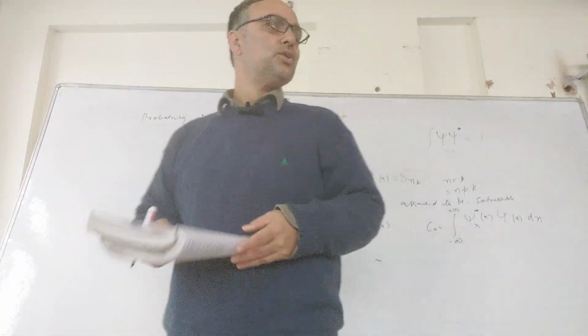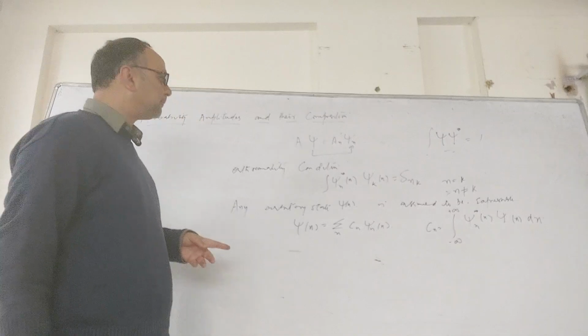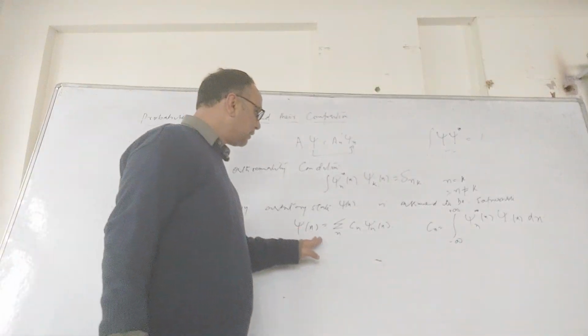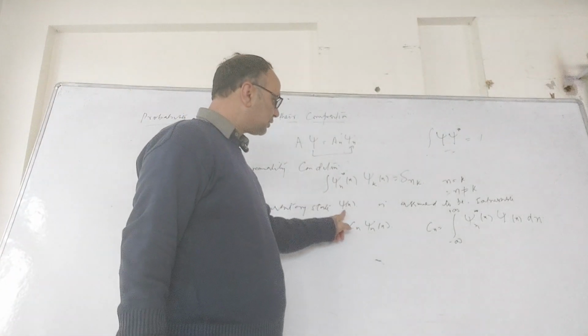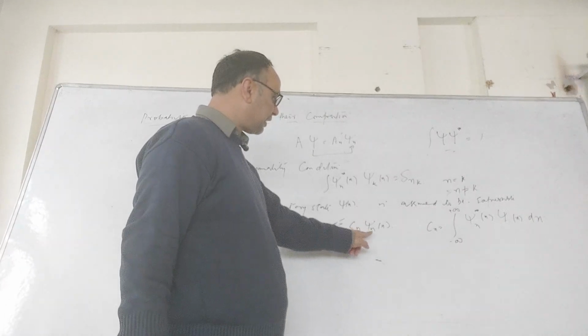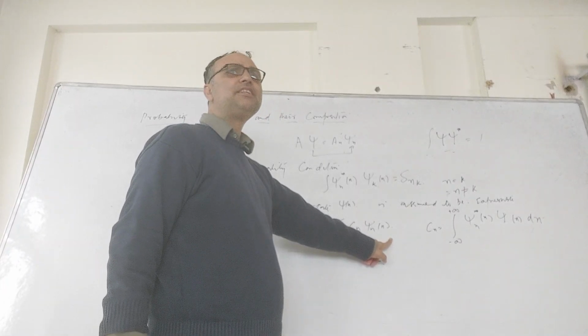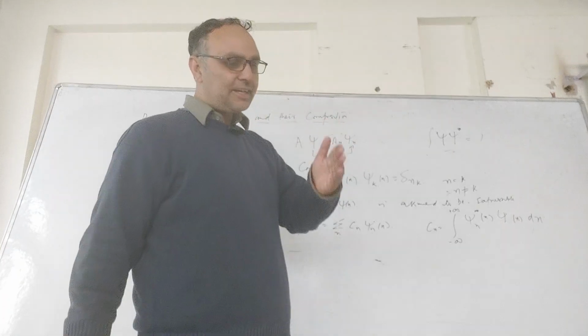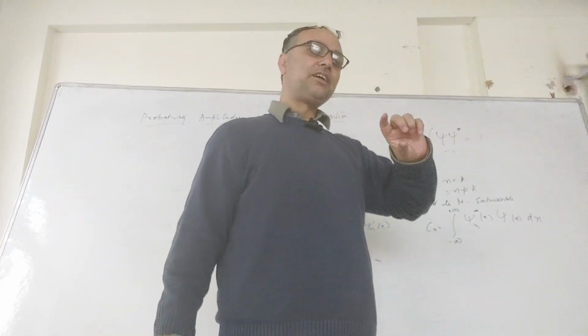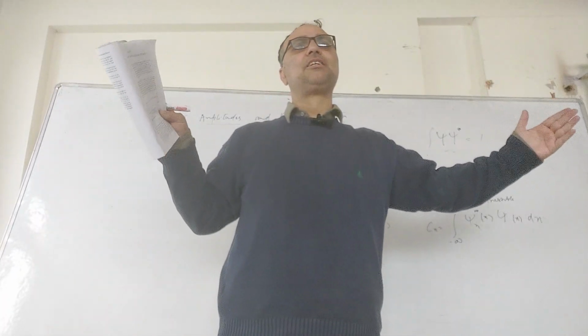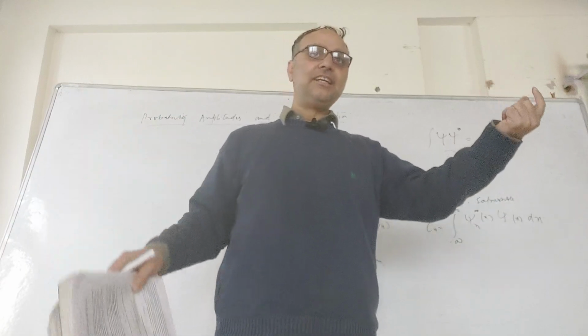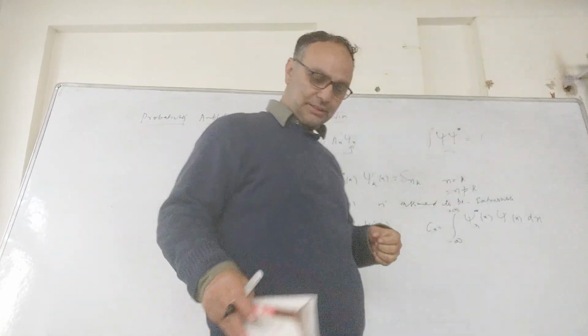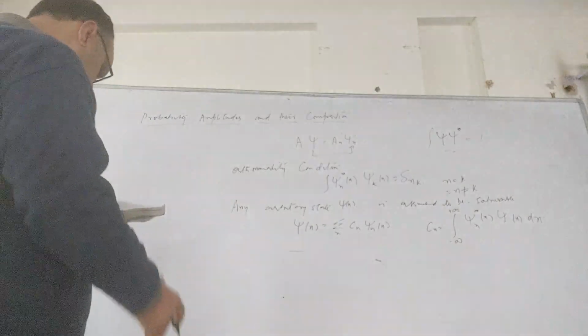Basically, the components of one state along the other are added in the expansion, and at the end it should give us 1, if it is to be normalizable.